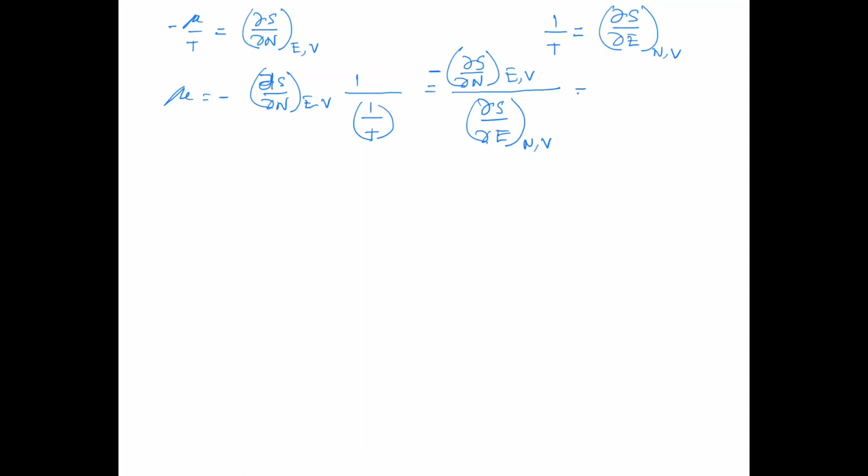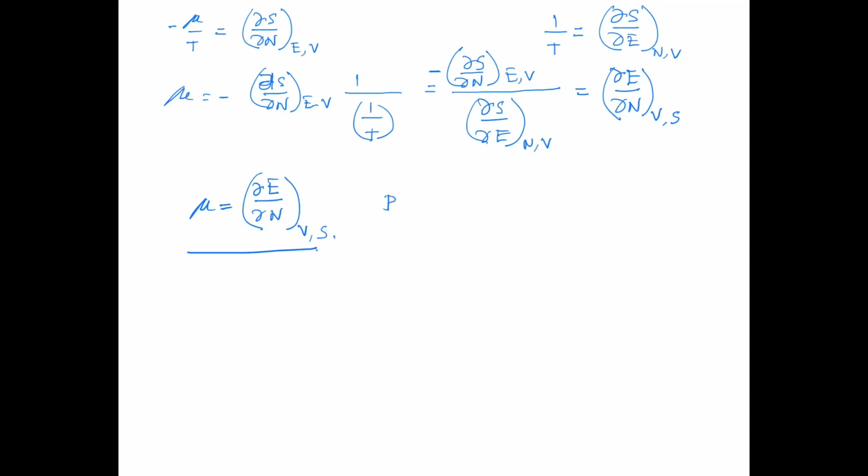So that is equal to dou E by dou N at constant V and S. So you obtain mu equal to dou E by dou N at constant V and S.